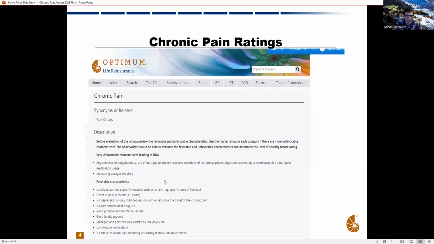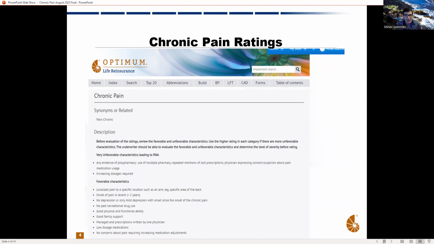Favorable characteristics would be localized pain to a specific location, such as an arm, leg, or area of the back. Onset of pain is recent, less than 2 years. No depression, or the depression is only mild. No past recreational drug use.